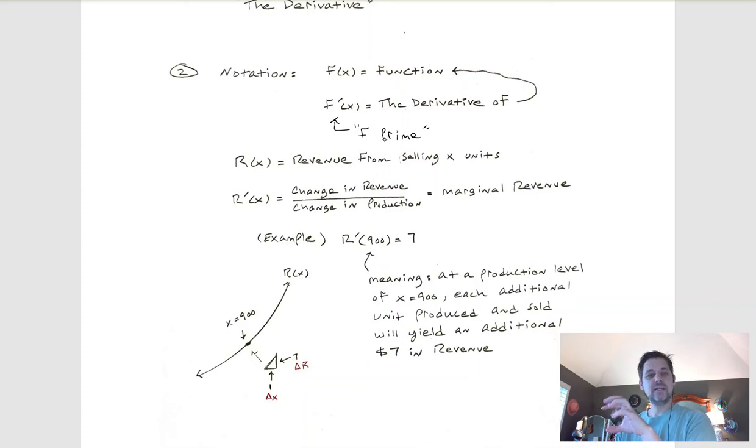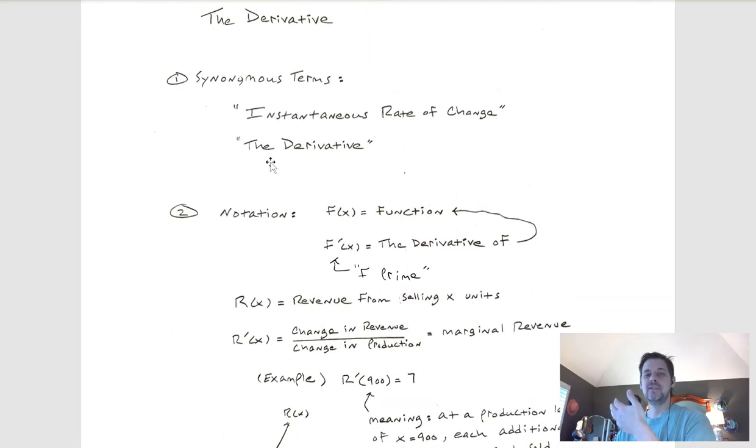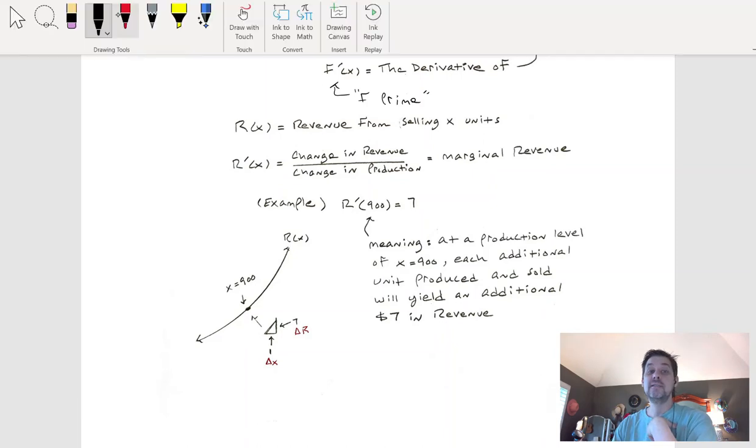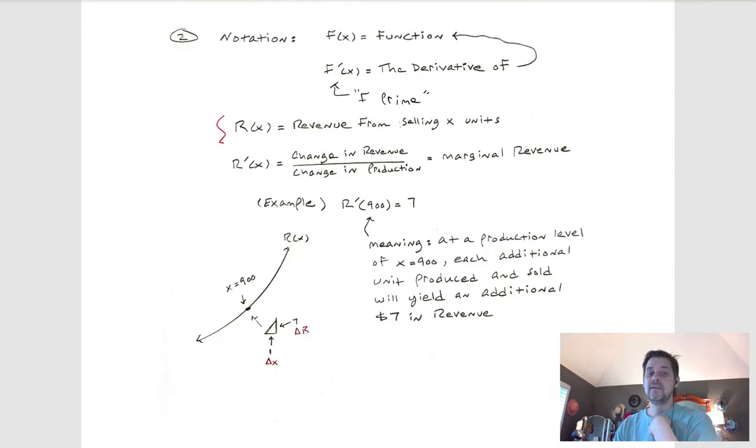Now, we've seen an example of this because the derivative tells you the instantaneous rate of change in a function. Here's an example at least I brought up in an earlier video, okay, that if we had a function r of x that tells you the revenue that you get from selling x units of some product, then its derivative, the instantaneous rate of change, would be a number that tells you the change in revenue over the change in production, and we call that the marginal revenue.